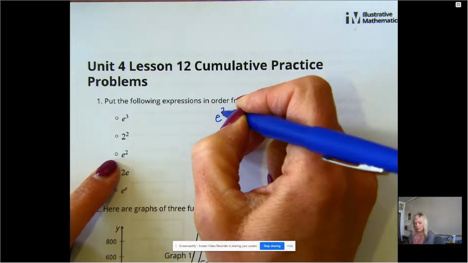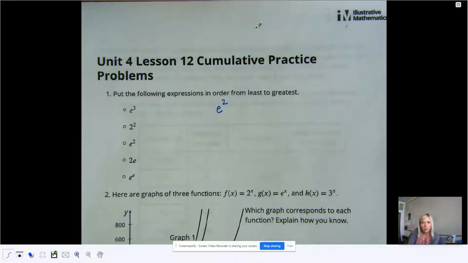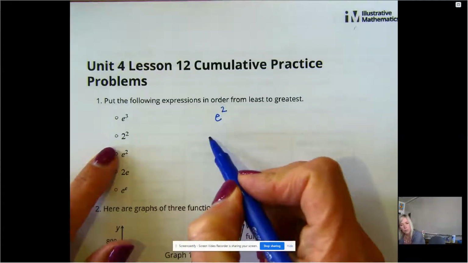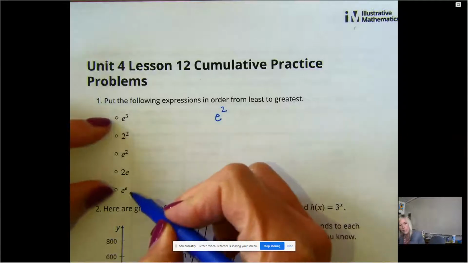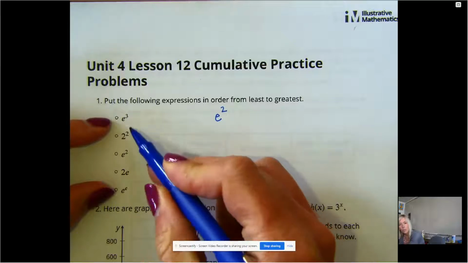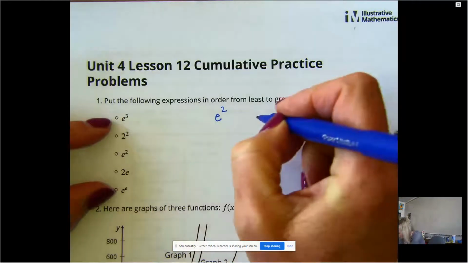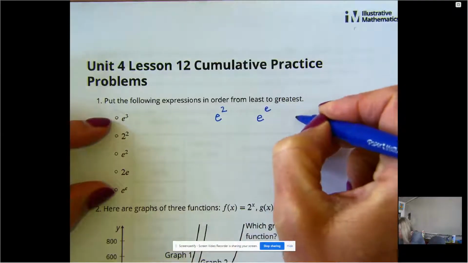Oh, sorry, my camera froze there. Hold on. Okay, so e to the second would be the smallest because the exponent is 2. And then between e to the third and e to the e, well, on the last one, the exponent is 2.7 something, which is smaller than 3. So I know these three would kind of go in this order.